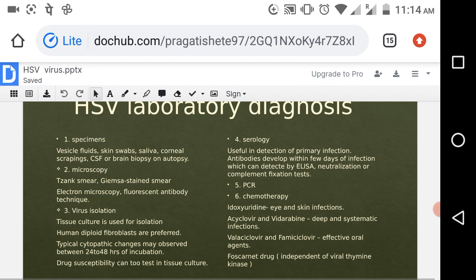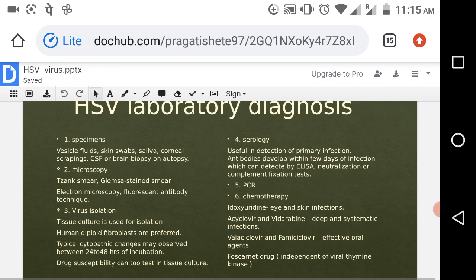In that also antigen antibody reaction will take place, and then again we will add the antibody which has a fluorescent label with it, which will produce fluorescence when the antigen antibody complex forms. Okay, so that's how we can determine the herpes virus antigens.